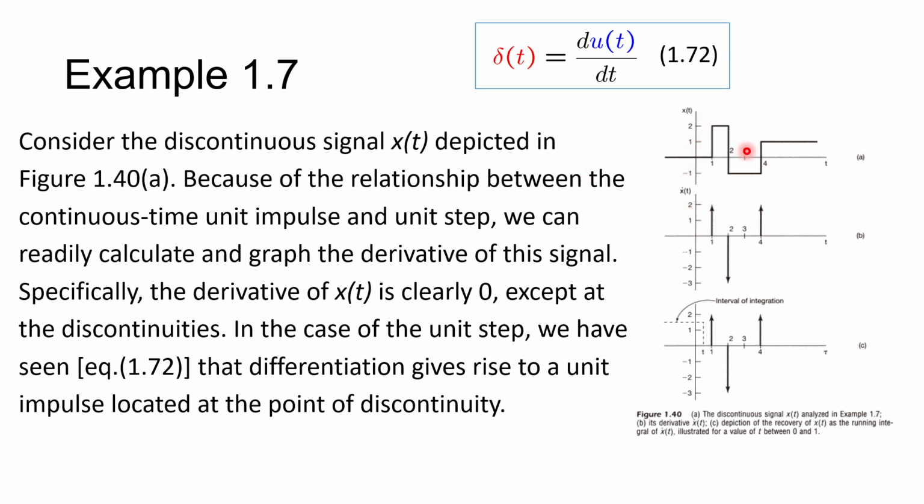For the second step, you have a jump from 2 to -1, so a jump of -3. When you take the derivative, that should be -3 times the delta function. And finally, you have a +2 here, so you get another +2 of the delta function.